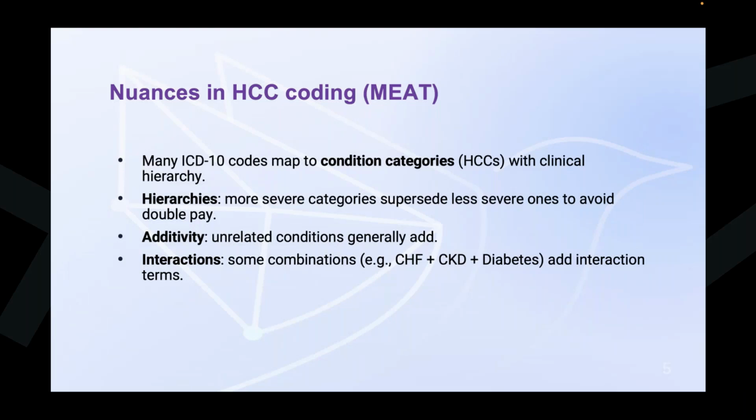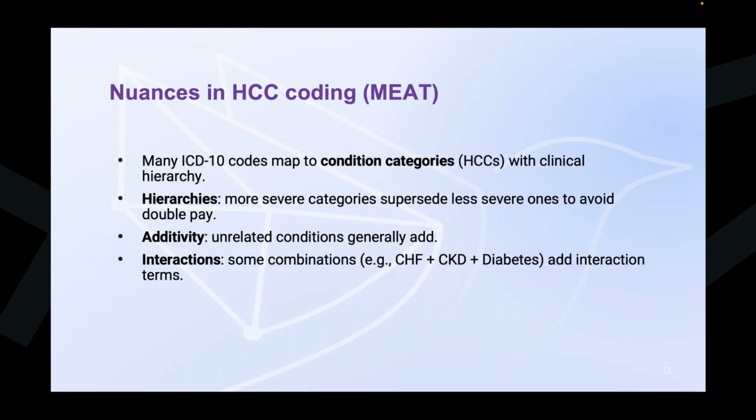Then there are a few other nuances in HCC coding, and I'm sure you're already familiar with ICD-10 codes. Basically, HCC is about ICD-10 coding. We are trying to codify the complete picture of a person's chronic conditions. Now, there are a few nuances here.